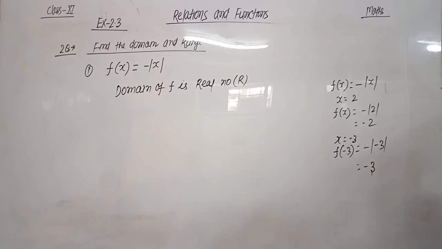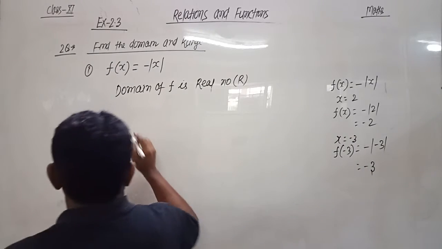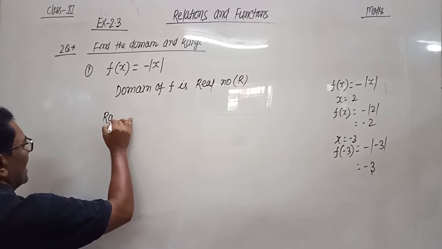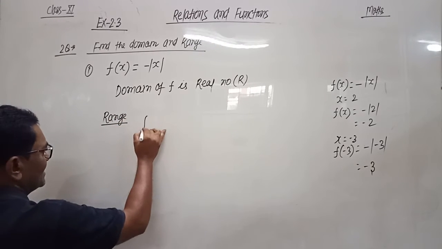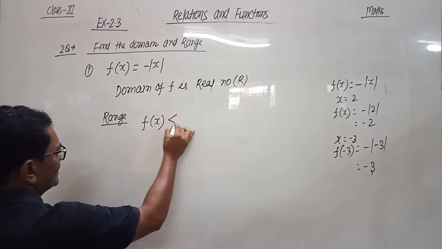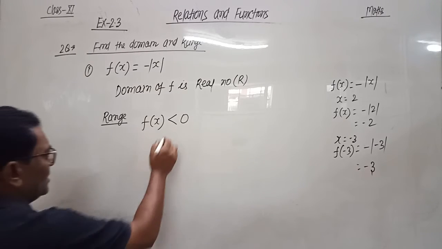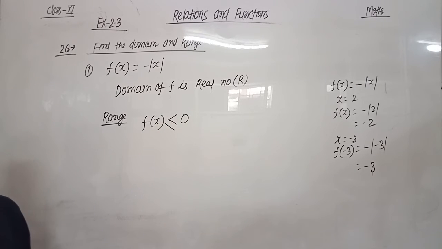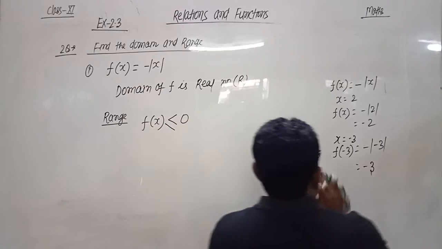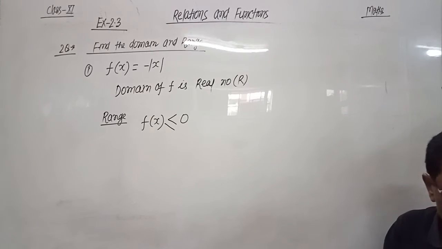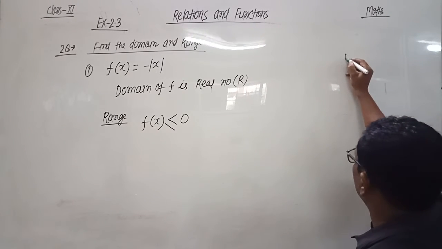Means the output which we get is always negative, so for finding the range, we write that f(x) is always less than or equal to 0. The value of f(x) which we get is the range. It may be 0, or less than 0. For less than equals 0, we have studied this in inequalities.